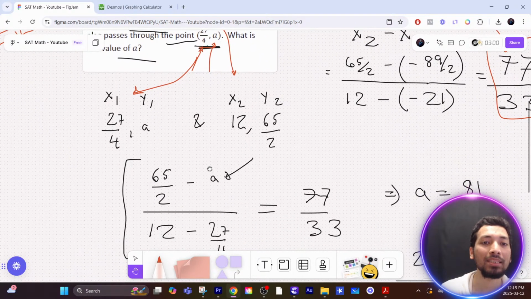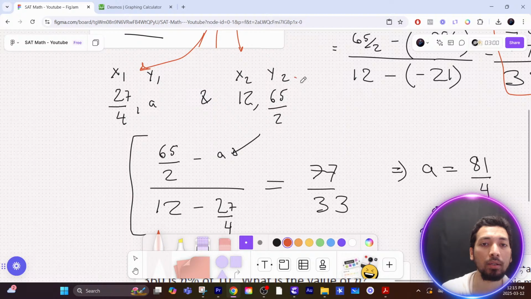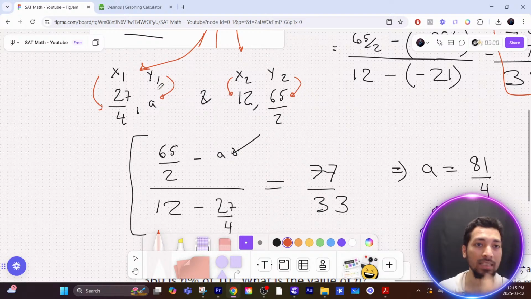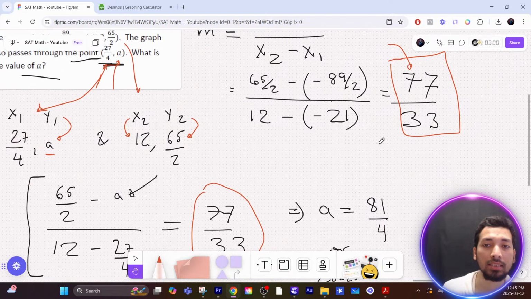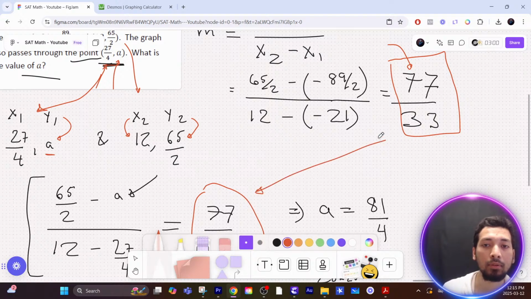So if you just set up this slope equation, this is my y2 and this is my y1. This is my x2 and this is my x1. So 65 over 2 minus y1, which is my variable a, and if we divide by x2 minus x1, we have 12 minus 27 over 4. So this slope should also be 77 over 33, which is the same as this, because they would be the same.